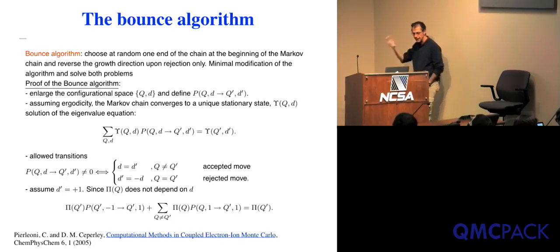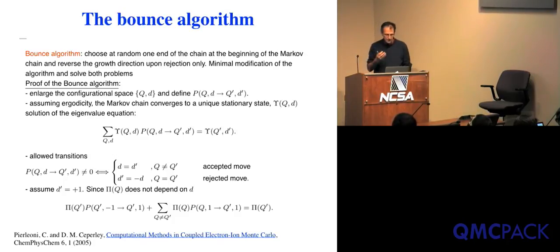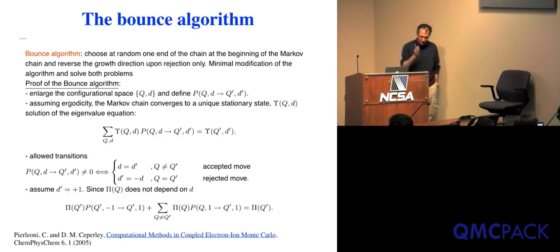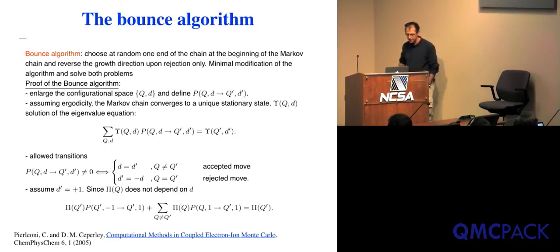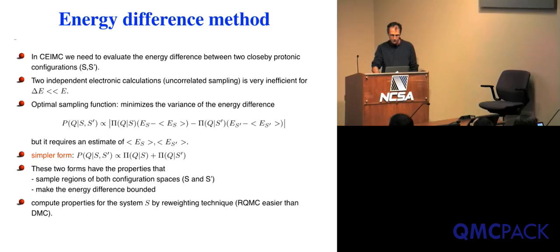So the same eigenvector. It is a question of which eigenvector of the transition probability in your Markov chain you are sampling. And so you can show that you are sampling the same long time distribution. Okay, this is just a nice piece of work that we have done.